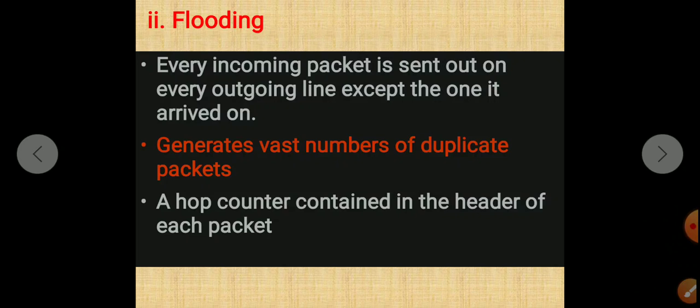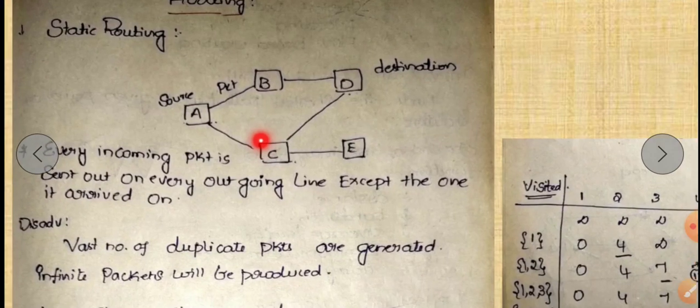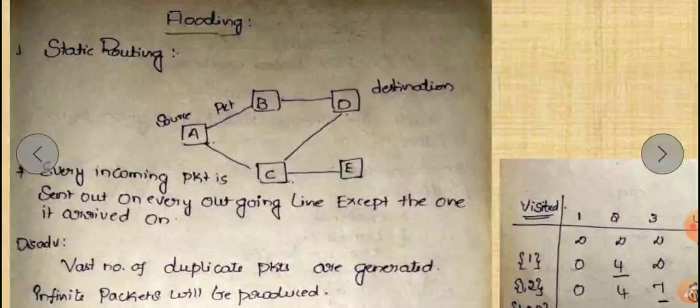Means, for example, take one example: A to B, C to D, E, right? A is a router, B is a router, D is a router, C is a router, E is a router. A to B, the packet was forwarded, but the packet will not revert back, B to A it will not revert back.